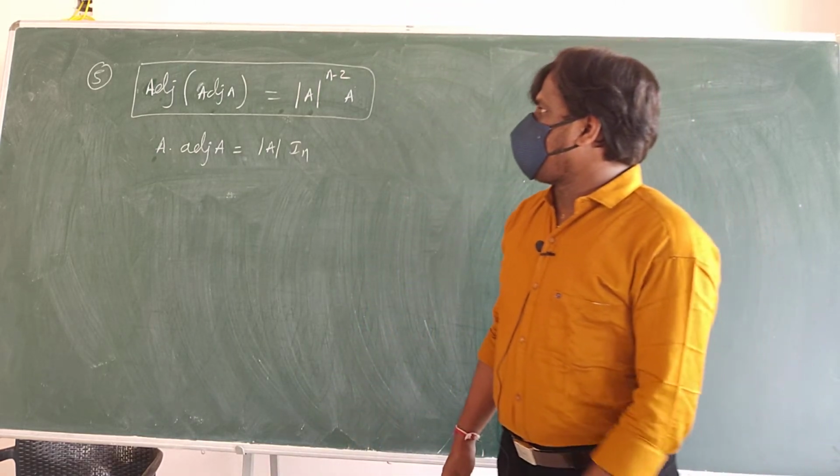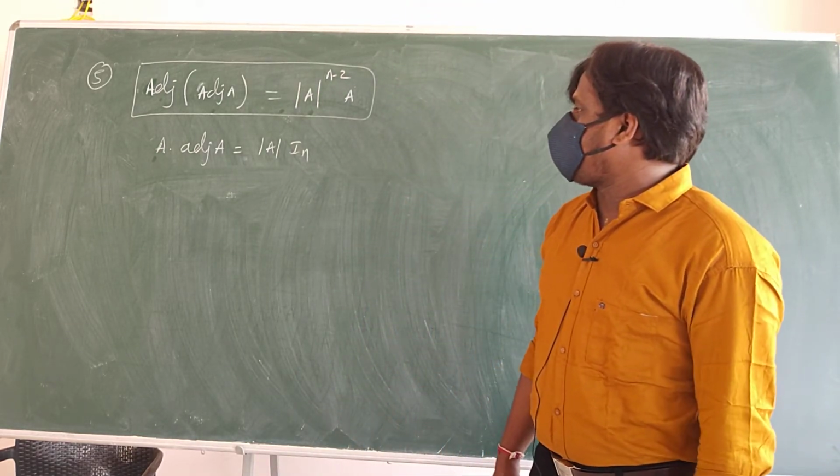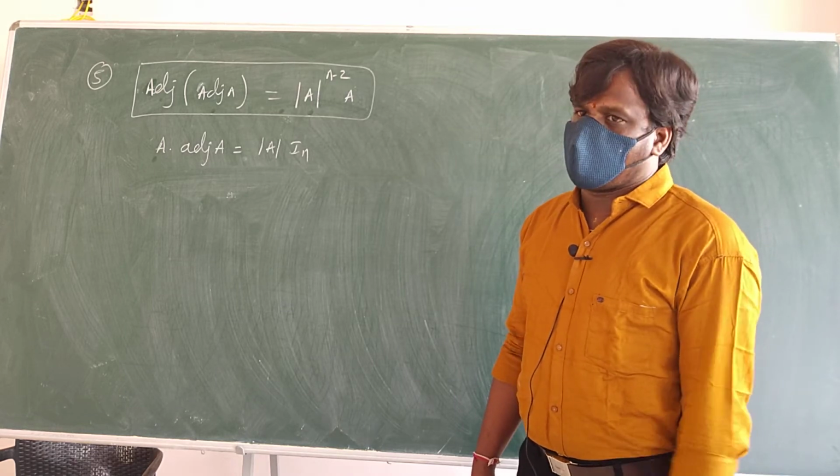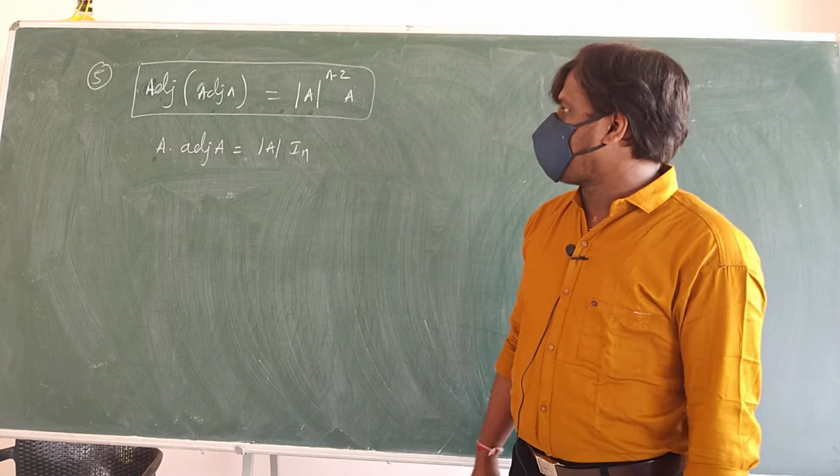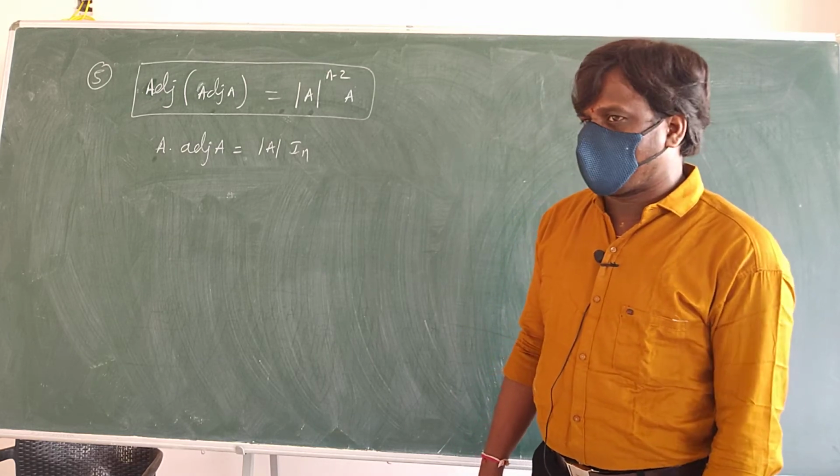Fifth, adjoint of adjoint A is equal to determinant of A whole power n minus 2 into A. So the standard formula is A into adjoint A is equal to determinant of A into In.